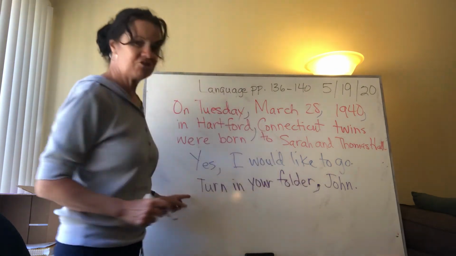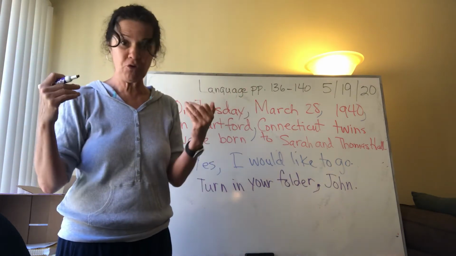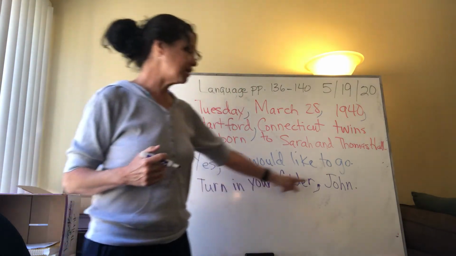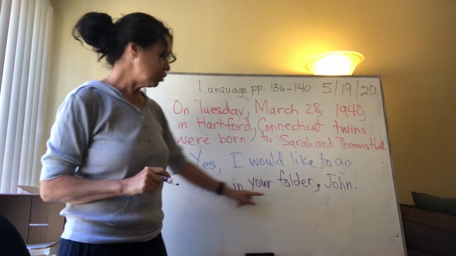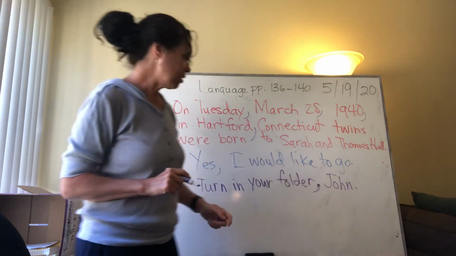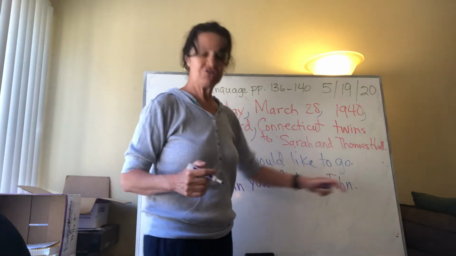So that's direct address. I'm directly speaking to John. I'm not just saying everybody turn in your folders. I'm saying it to John, directly addressing John. You would put a comma before the name of the person you're addressing. Turn in your folder, comma, John.